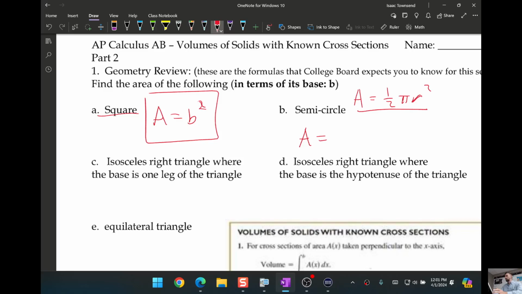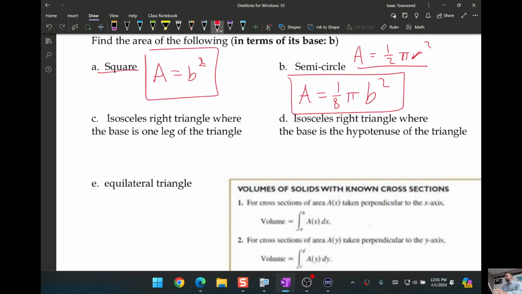Does anyone remember what it was in terms of the base? Okay, 1/8 pi base squared. Base is going to be the thing that's on your paper, the part in the XY plane, not the part sticking up. Okay, I'd say probably the next easiest is the equilateral triangle. Anybody remember that one? Very good. Square root of 3 over 4 base squared.